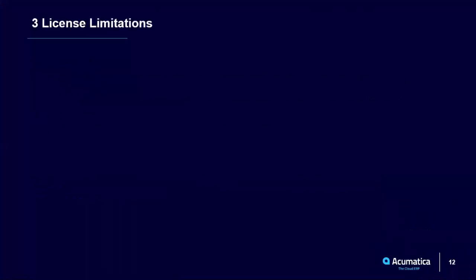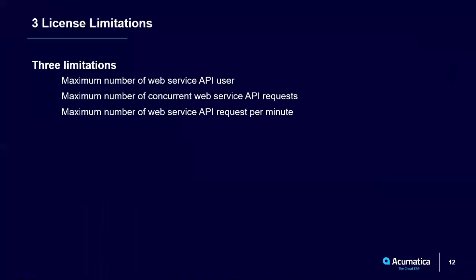Let's talk about the license limitations that can affect your web service integration. There are 3 different limitations: the maximum number of web service API users, the maximum number of concurrent web service API requests, and the maximum number of web service API requests per minute.